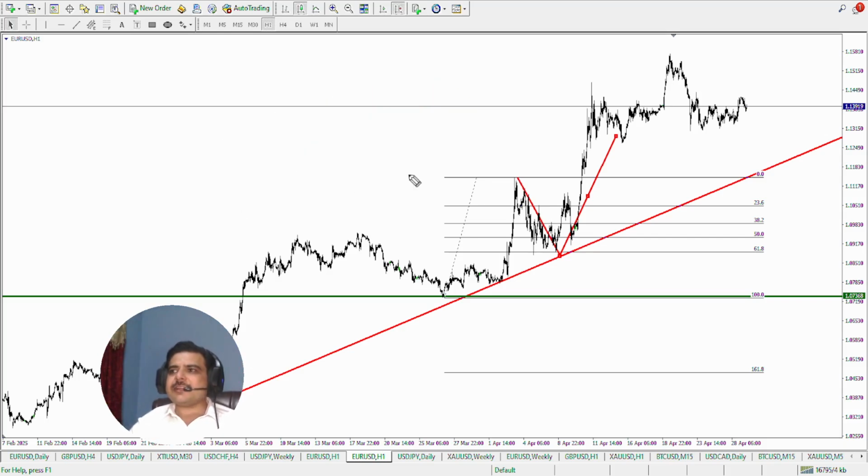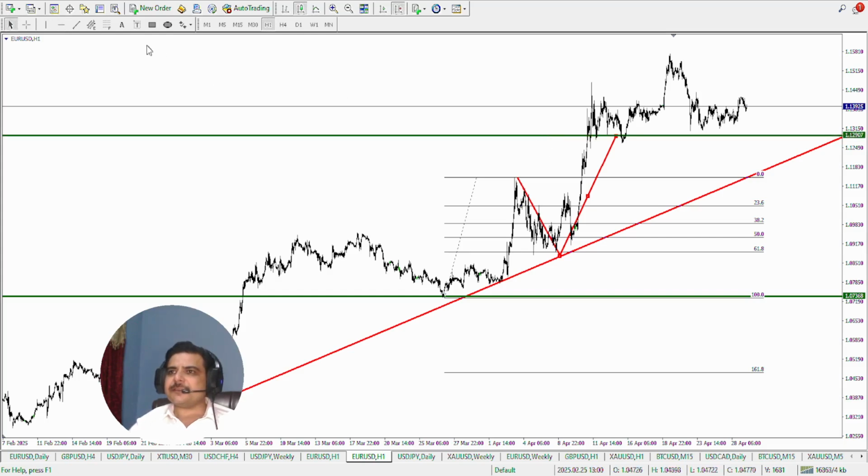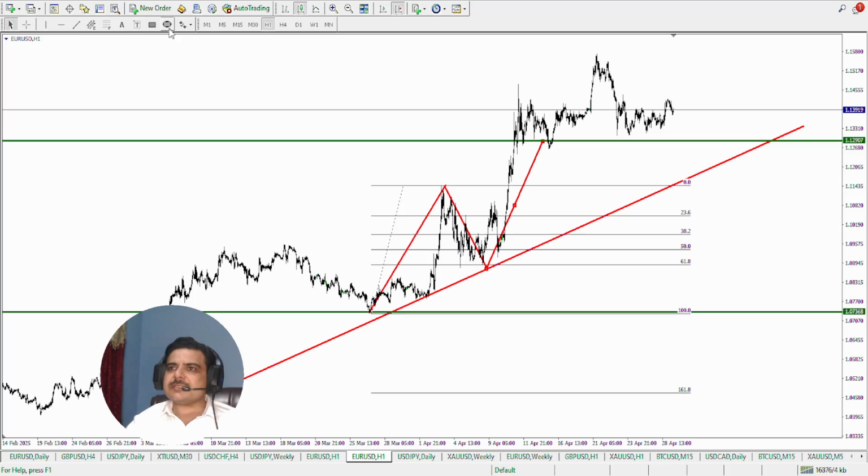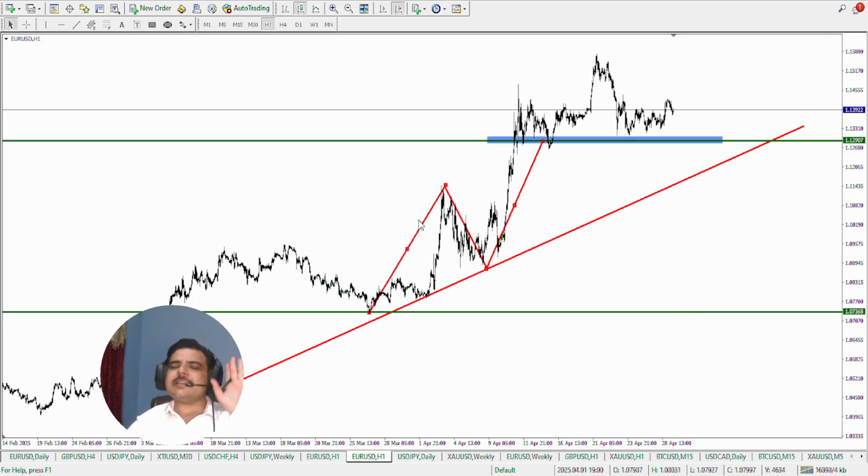Now have a look at it. Where is that point D? Right here. So then we say, wow, this is a very fantastic zone, a support of 1.1290. And at this stage I'm not discussing any weekly candle, any daily candle, though they are very much important.